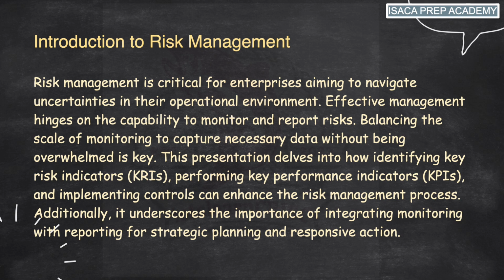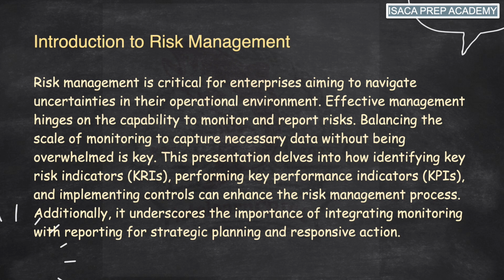Friends, managing risks is really important for businesses because it helps them deal with uncertainties. To do this well, companies need to keep an eye on potential problems and communicate about them. They have to find the right balance: not too much information, but enough to understand what is going on.